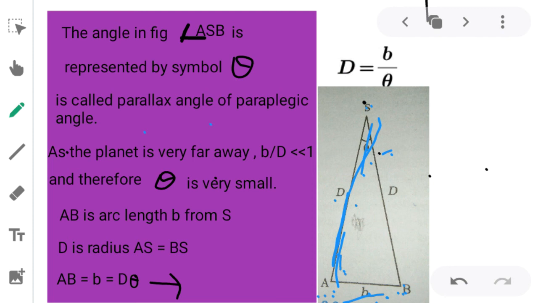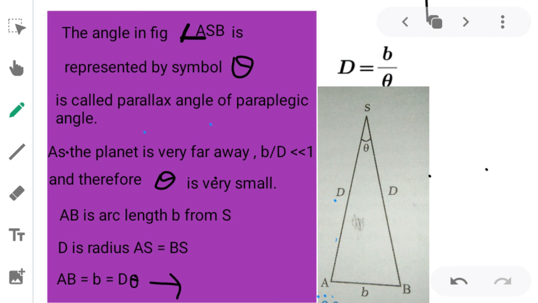Taking one instrument at this point and one at that point, we can measure the angle also, then we get the distance capital D. This is how capital D is measured using the parallax method.